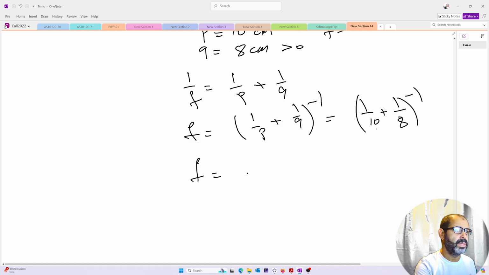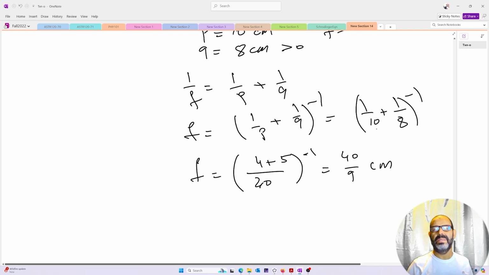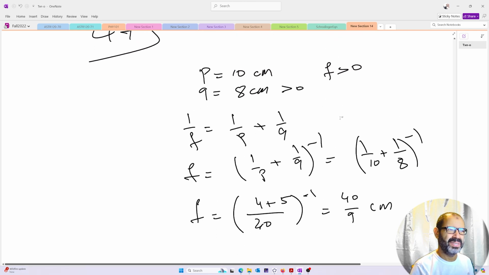So it's going to be 40 in the denominator, and in here is 4 plus 5. So it's going to be inverted, so it's going to be 40 over 9 centimeters. Okay, it's positive, okay? Therefore, it's concave. I mean, we know it's positive. It has to be, because they said specifically it's a concave mirror.